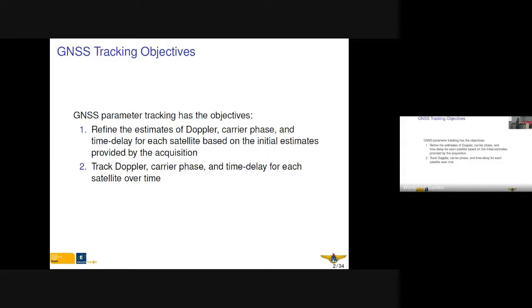Then it has also the objective to track the Doppler, carrier phase and time delay for each satellite over time, because these parameters will change over time because satellites are moving and receivers moving.